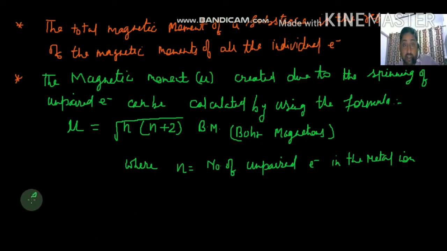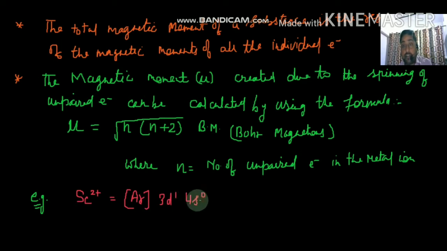Let's take one example. Let us calculate it for scandium 2 plus. Now it has the electronic configuration of argon 3d1 4s0. Now the number of unpaired electrons, that is n, is equal to 1.